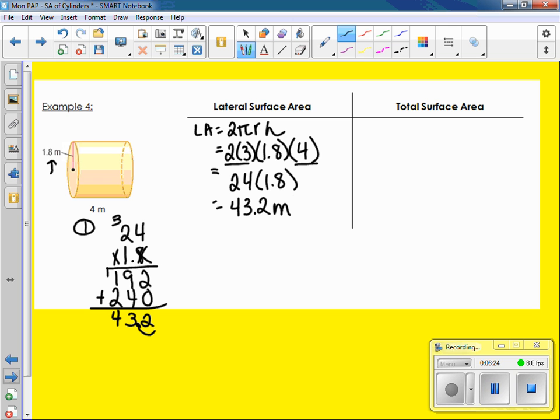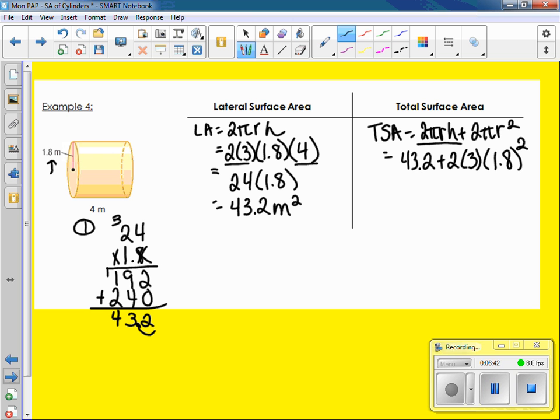So meters squared. My total surface area, again, is 2 pi r h plus 2 pi r squared, and it is always really good practice to write your formula down. So this part, I've already figured out, 43.2, plus 2 times 3 times my radius, which was 1.8, squared. So I'm going to go over the side and multiply 1.8 times 1.8.